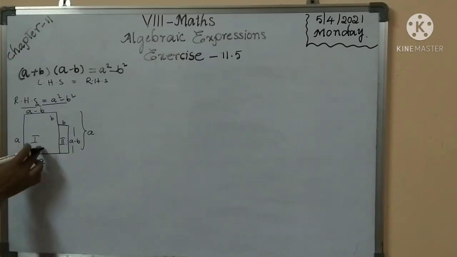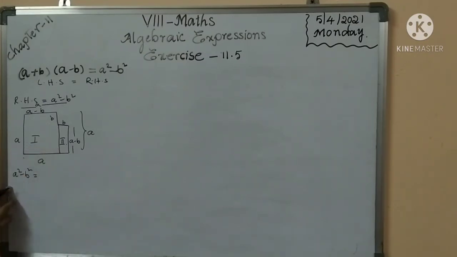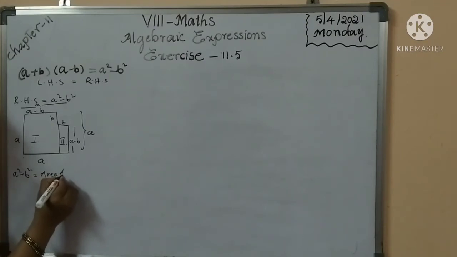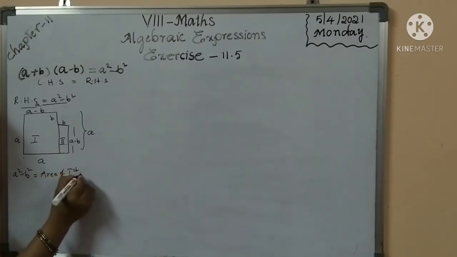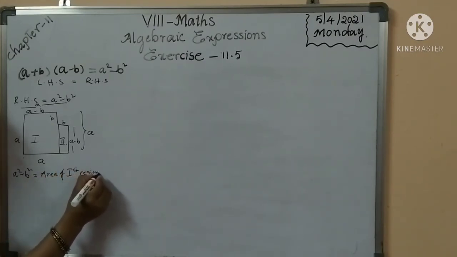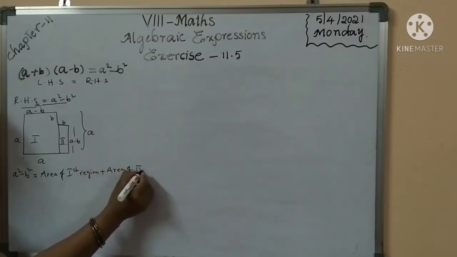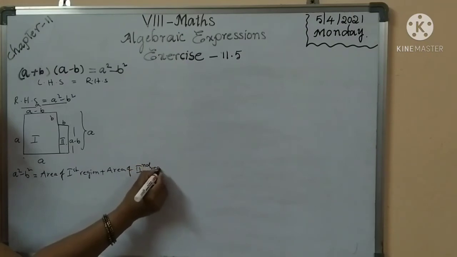It is considered as two parts. So RHS, a square minus b square, we prove that. Area of the first region plus area of the second region.